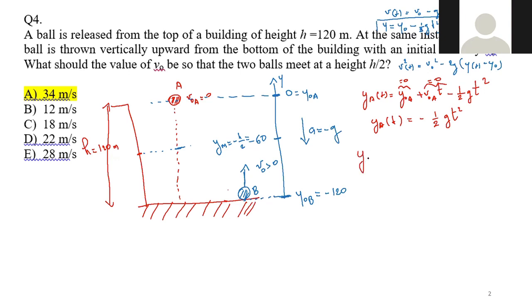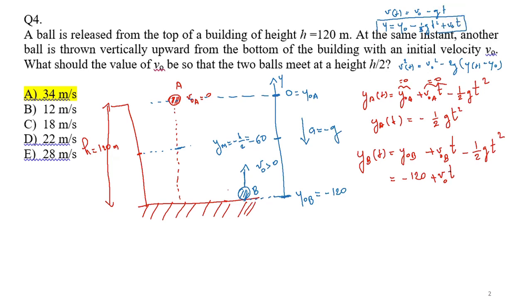Let me write the same equation for B at any time. I will have Y naught B plus V naught B multiplied by T minus half GT square. Okay. Y naught B is equal to what? Minus 120. V naught B, I call it in the problem V naught. We don't know yet, but we call it V naught.